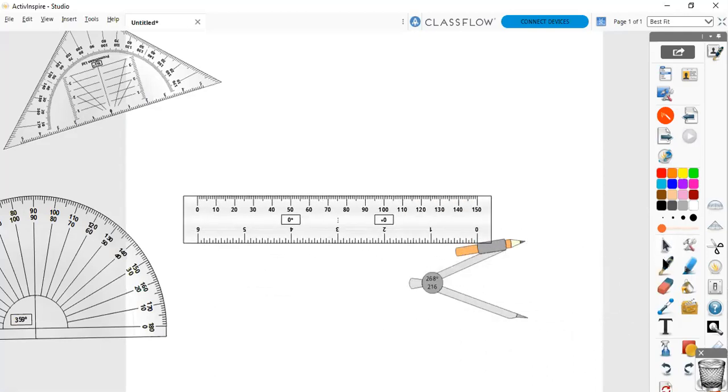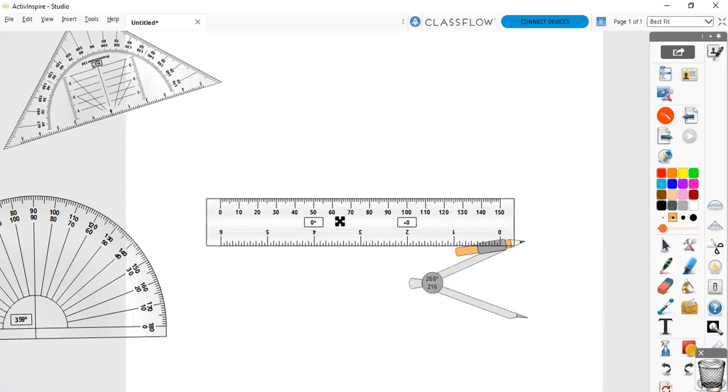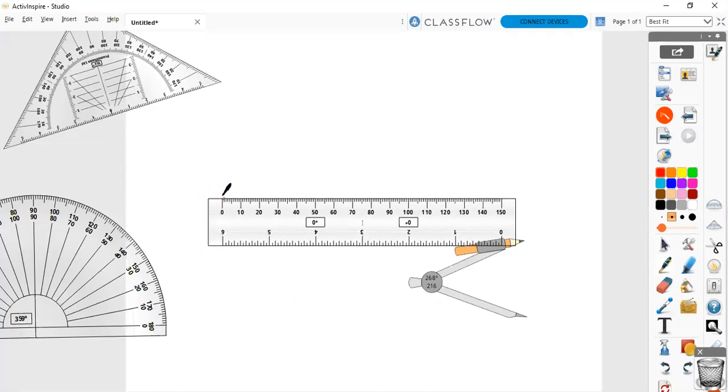So you use this ruler, mark one horizontal line of 50 mm. So here I am drawing one line at 50 mm, from point 0 to 50.